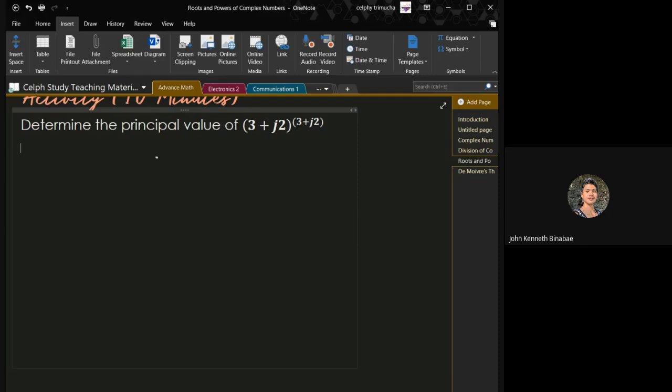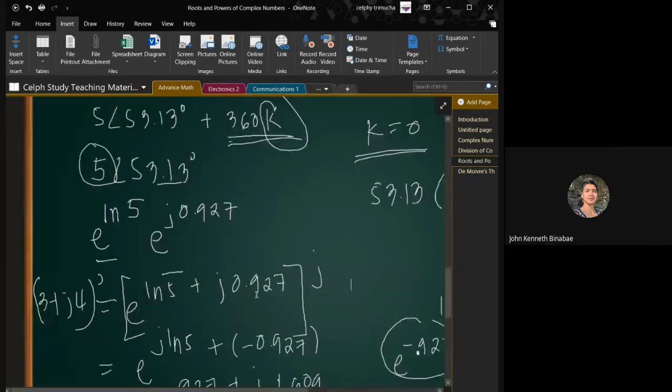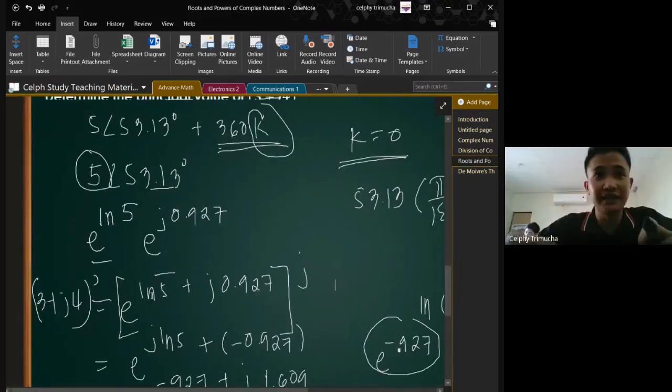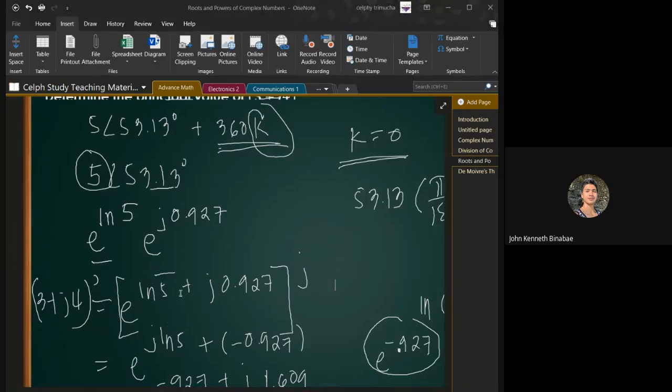Kay sa example, ang sa ln5, di ba, times -1. Sa ln5, pag times ang j na, di ba -1 na, sir?